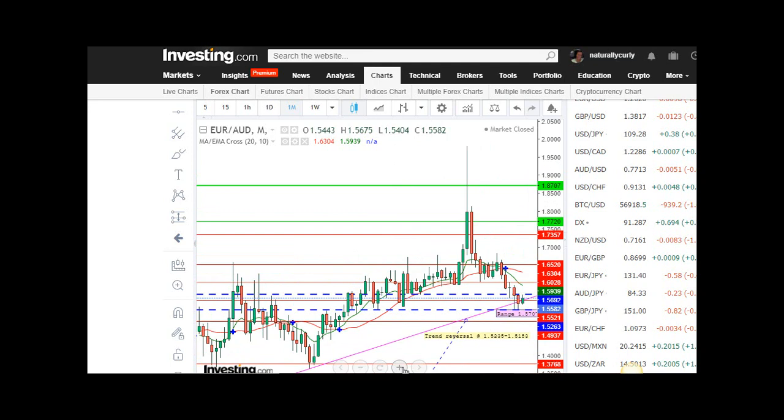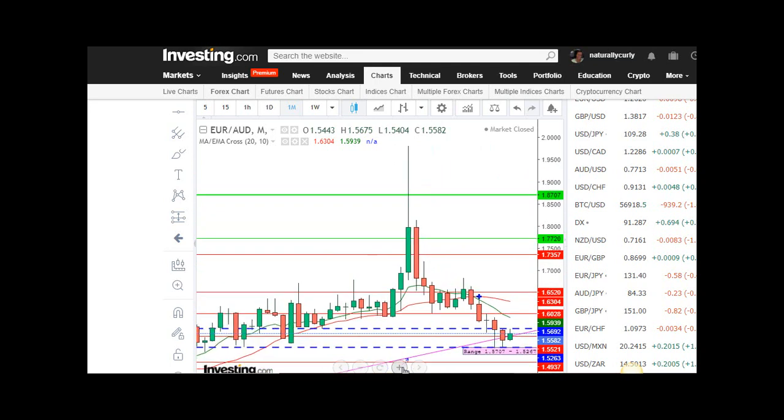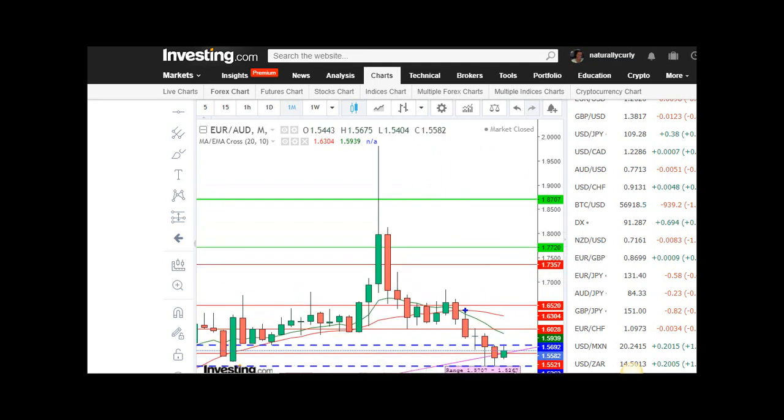Currently, she is ranging between 1.5707, which is a little bit up here, and as low as 1.5267. Because it's in consolidation, you can either decide to trade that range, so selling at the top and buying at the bottom, getting out in between, finding those areas where you can have opportunity.